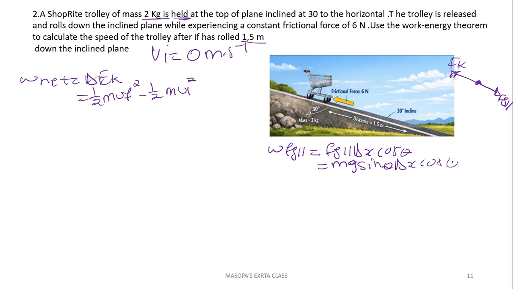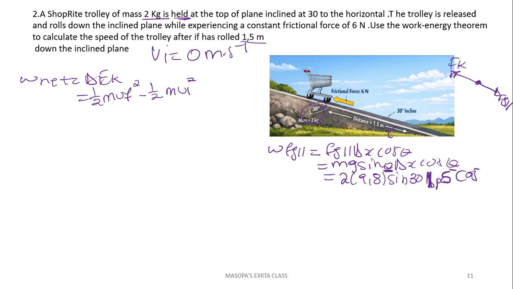Then the mass of this trolley is 2 kg, the gravity is 9.8, sine of the angle of your incline, which is 30, and then delta x is 1.5. Then here we say cos of what? This angle is the angle between the FG parallel and the delta x.